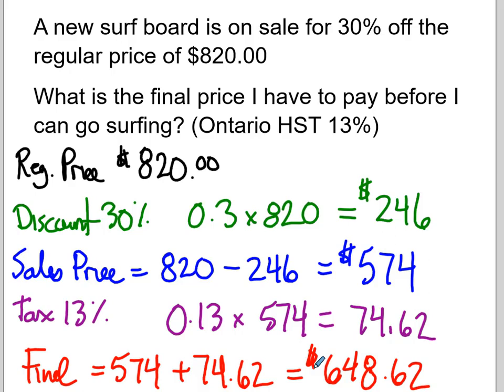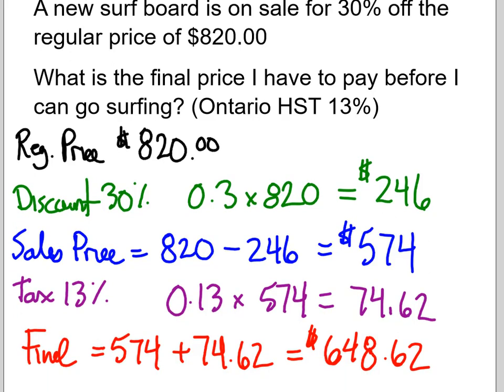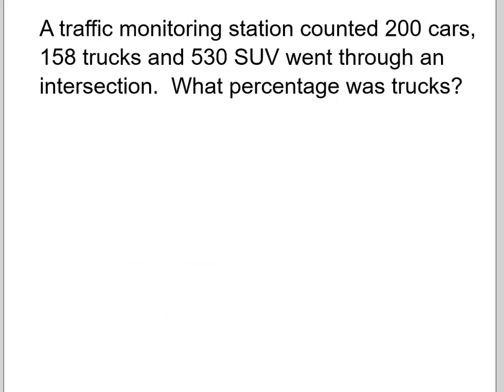Okay, so keep track of where you're subtracting and where you're adding. You're subtracting the discount, you're adding the tax. I find it very helpful to make little notes to myself to remind myself what each line is and what the values are. All right, let's go to the next one.